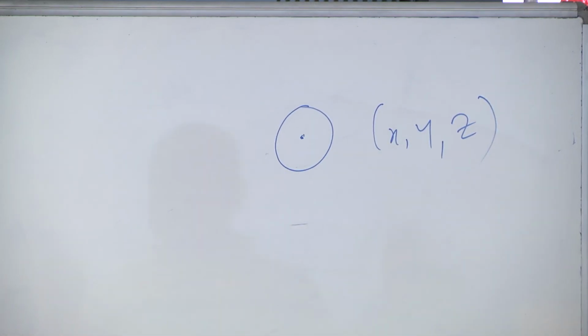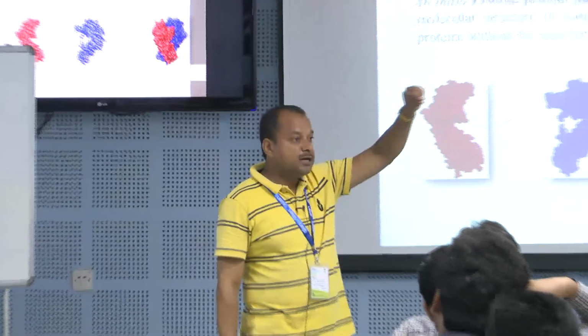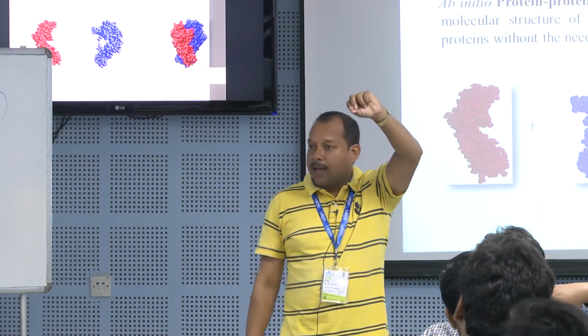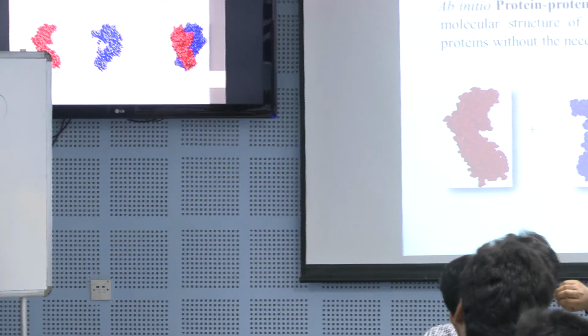Now, given the input of these two protein structures, I have only a set of atoms and corresponding to each atom only coordinates. Well, I can have the radius also, and using that I will get something like this.